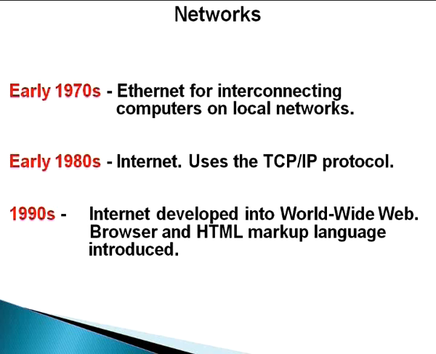Browsers and the HTML markup language were introduced. HTML stands for hypertext markup language, as you are fully aware. These things were developed in the 90s. And these were the developments in the area of networks.